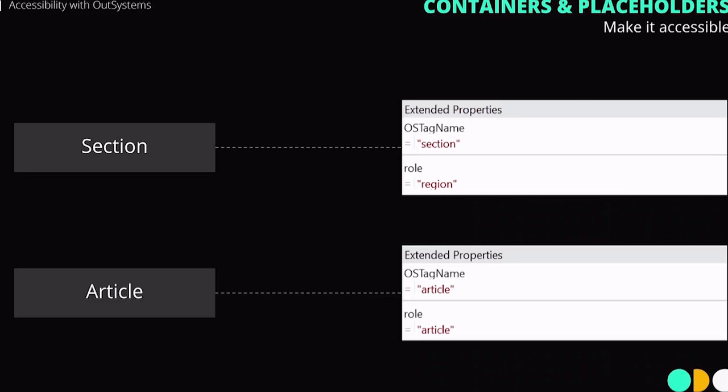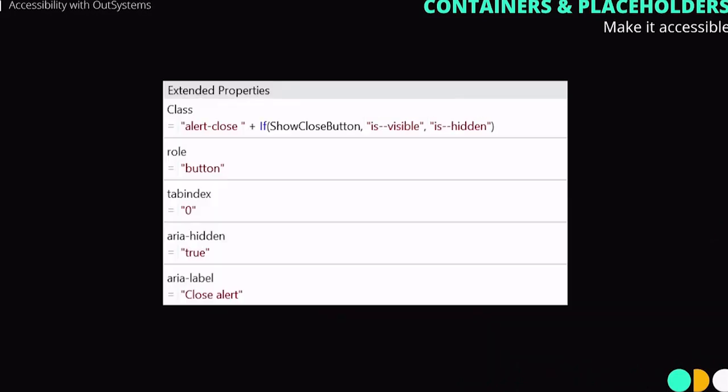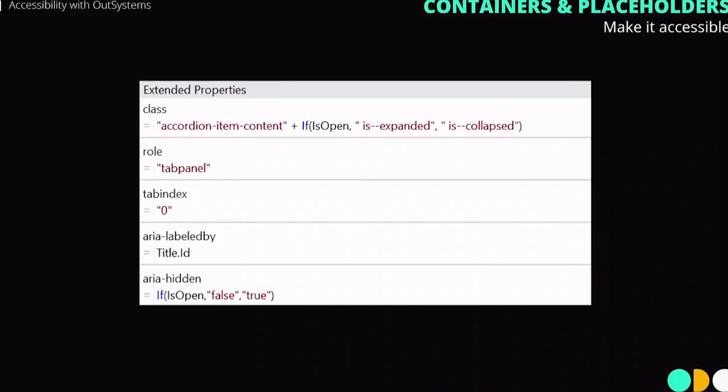Or, like our patterns, more complex. We use classes, we use variables to control our visibility, or the accordion, it's the same thing. So containers and placeholders are really powerful for accessibility in OutSystems.